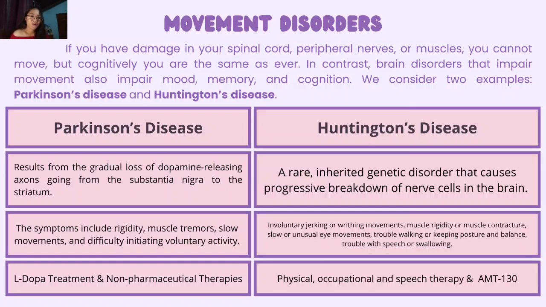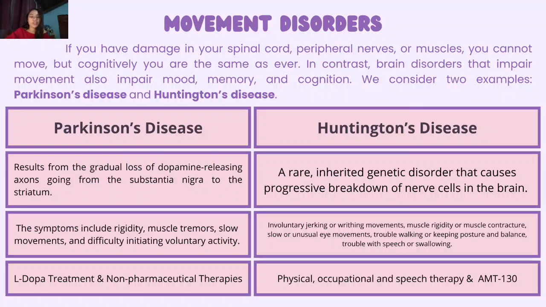Then, one of the therapies is AMT 130. AMT 130 is a genetic therapy that is used for Huntington's disease. It can be surgery or a genetic experiment to help control or cure Huntington's disease.